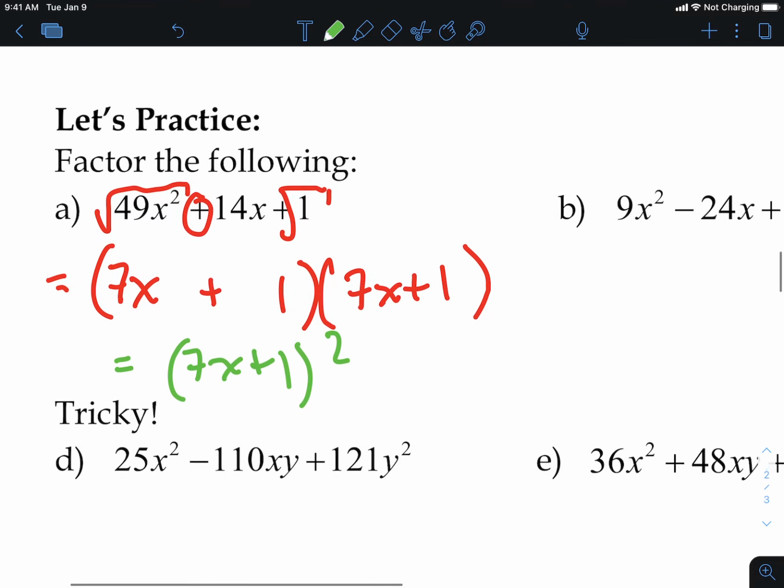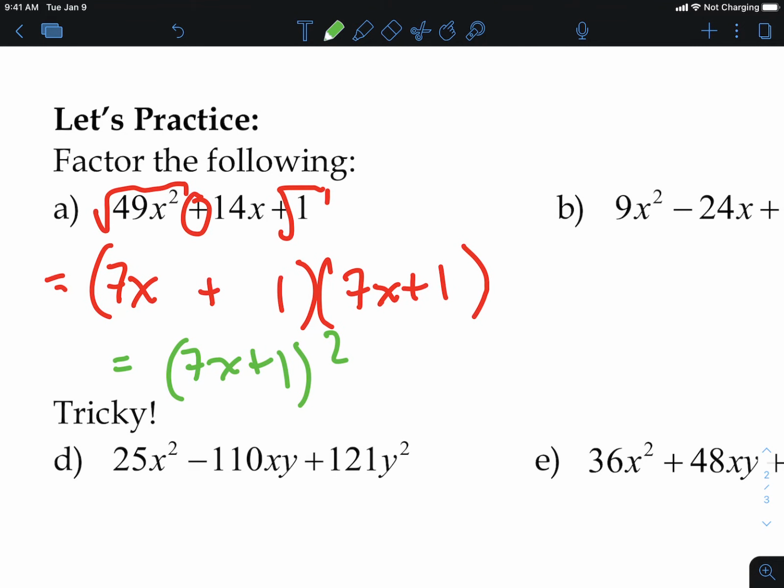This is a nice one. I like these ones, because they make your life easy. Instead of sitting there and trying to find 2 numbers that multiply to 49 and add to 14, you could do it that way. You still have to do the decomposition, which is kind of annoying.